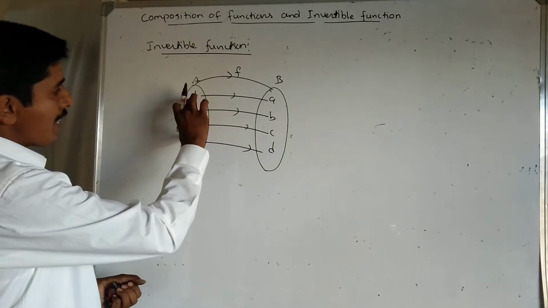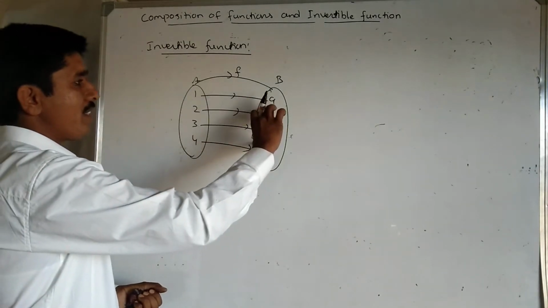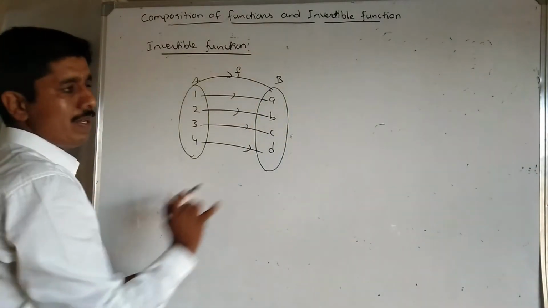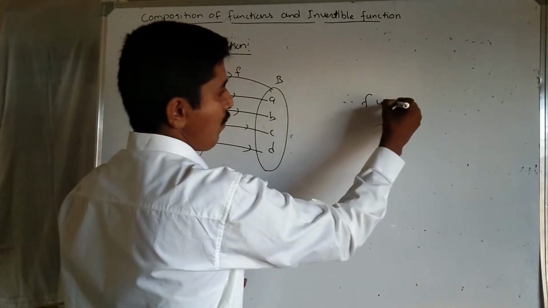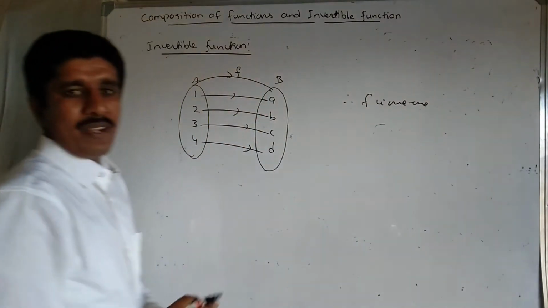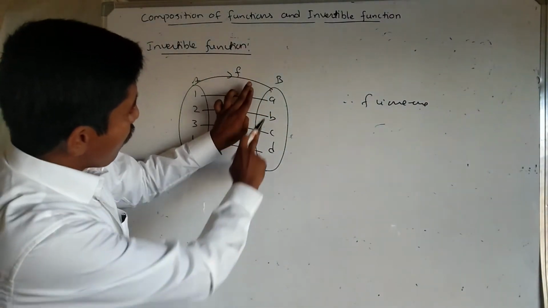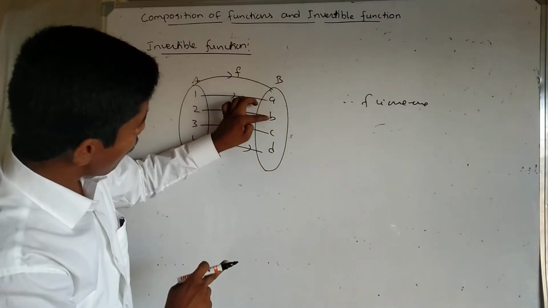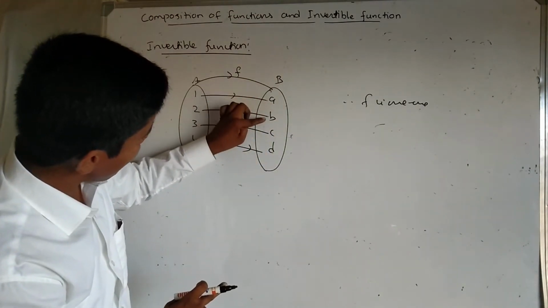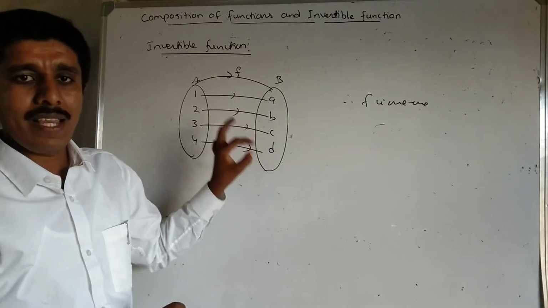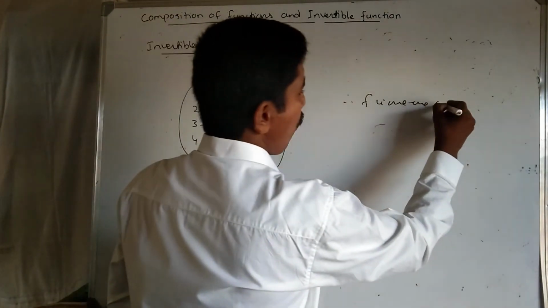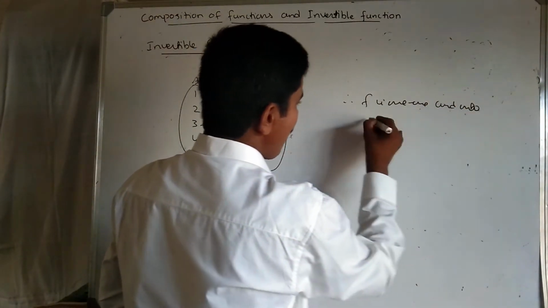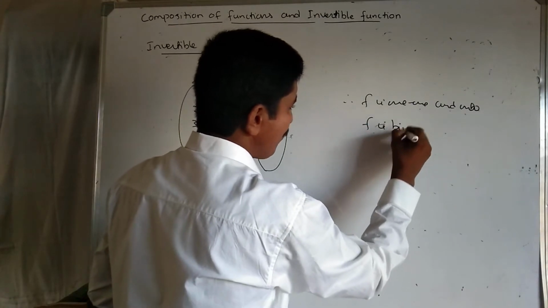Clearly, different elements of set A map to different elements of set B. Therefore F is 1-1. Is it onto? Go to the codomain. For every element of the codomain there exists at least one pre-image element. Therefore, clearly it is onto. F is 1-1 and onto, so clearly F is bijective.